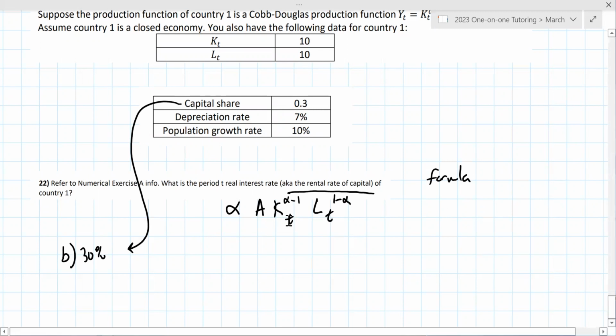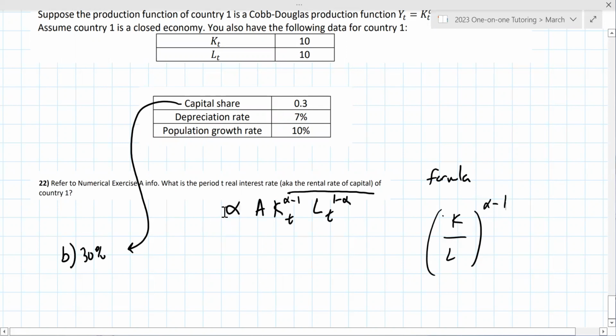We did something here where we ended up putting this on the bottom, and it ended up being like K over L to the power of alpha minus 1, or 1 minus alpha. We switched to L and K. There, it's 1. So 1 to any power is 1.